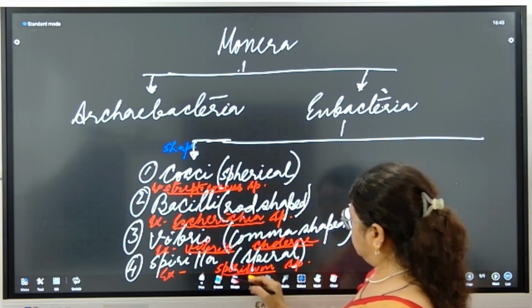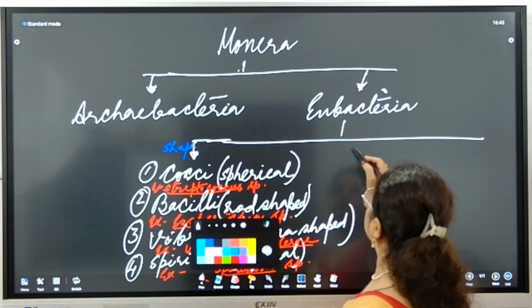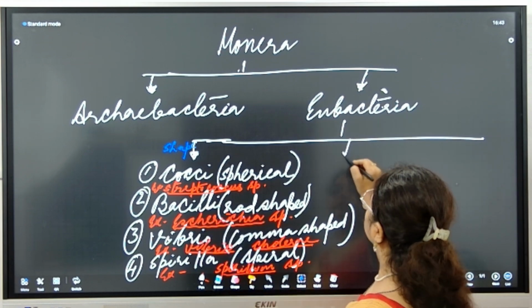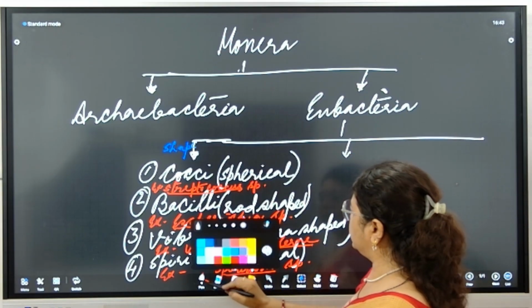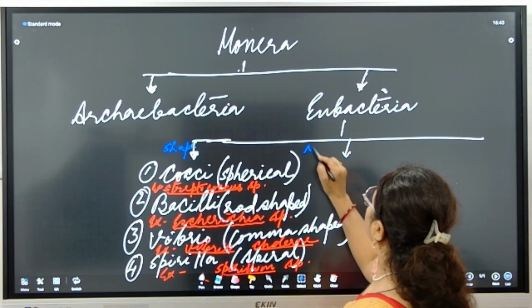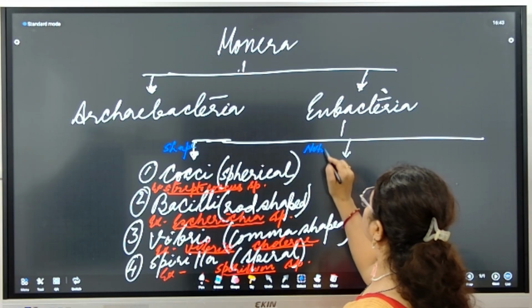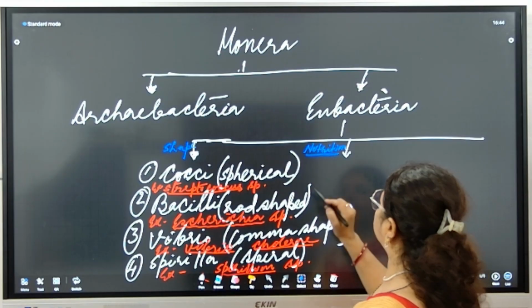Now let us take another criteria, that is nutrition. This blue pen we had selected, and here we are writing nutrition. So we are taking the criteria nutrition.